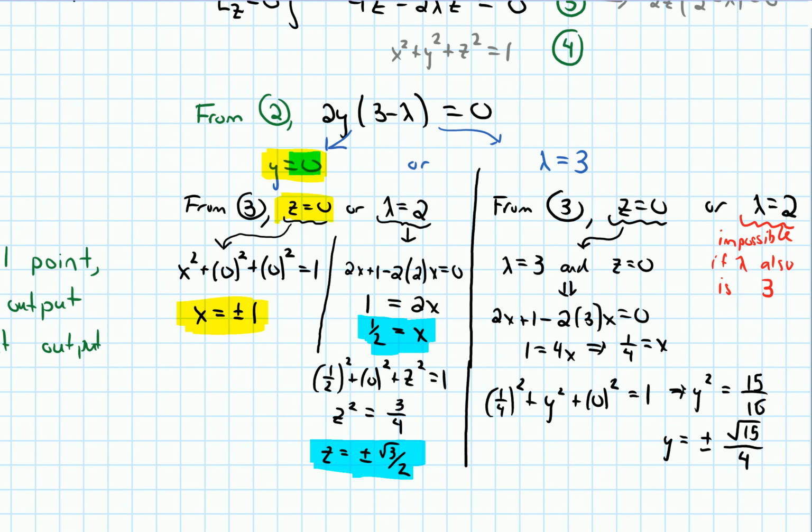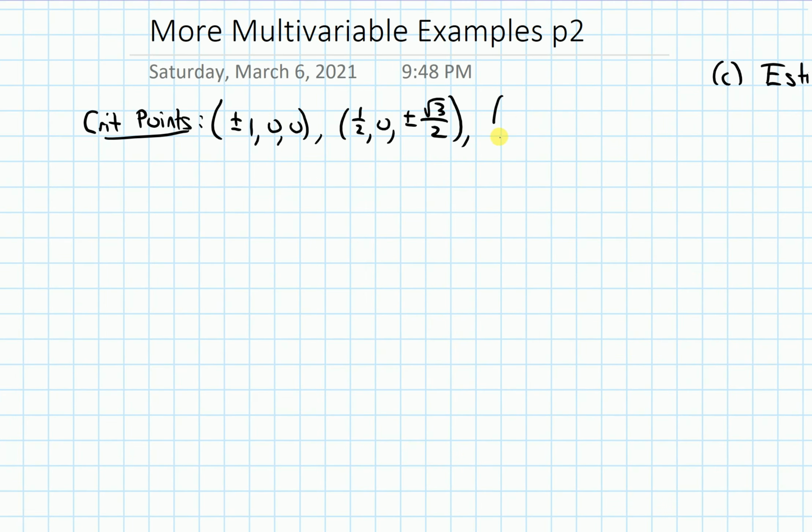Okay, we also had, in the other scenario, when lambda equals 3, we got z equals 0, x was 1/4, and y was plus or minus this root 15 over 4. So writing that down, x is 1/4, y is plus or minus root 15 over 4, and z was 0. So altogether, we actually have 6 critical points.